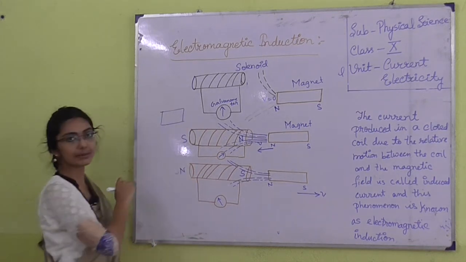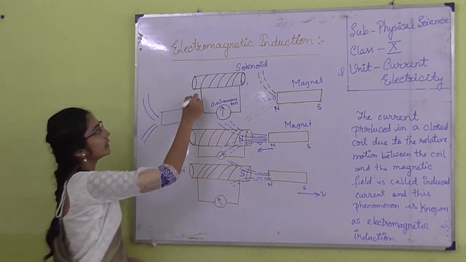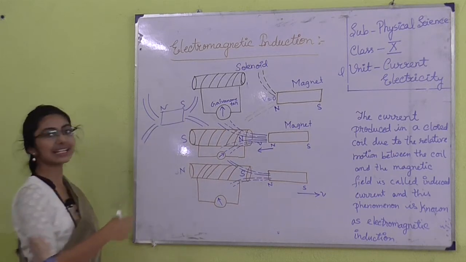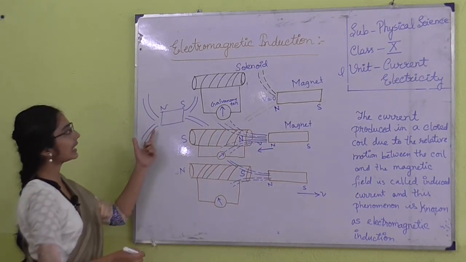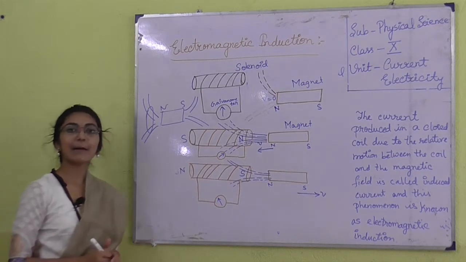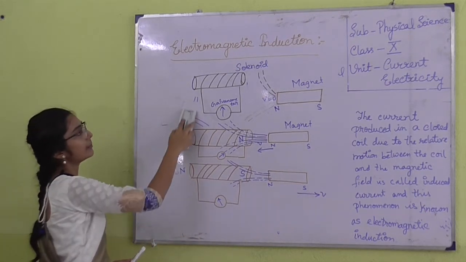If a magnet is placed here, there will be a magnetic field on both sides, north pole and south pole, with field lines like this, and the number of field lines crossing the solenoid per unit time denotes the flux. The amount of flux depends on the strength of the magnet.